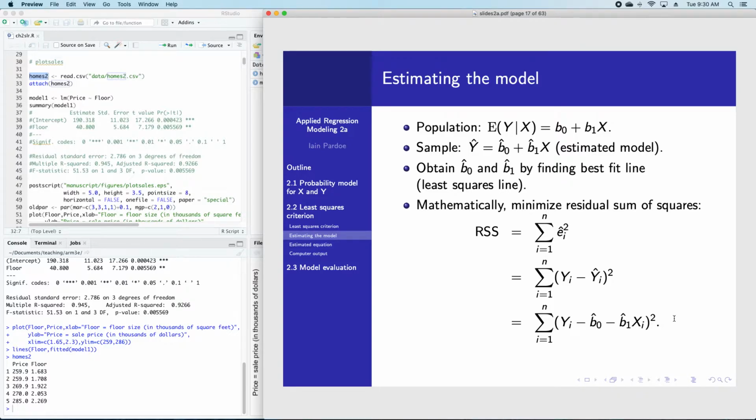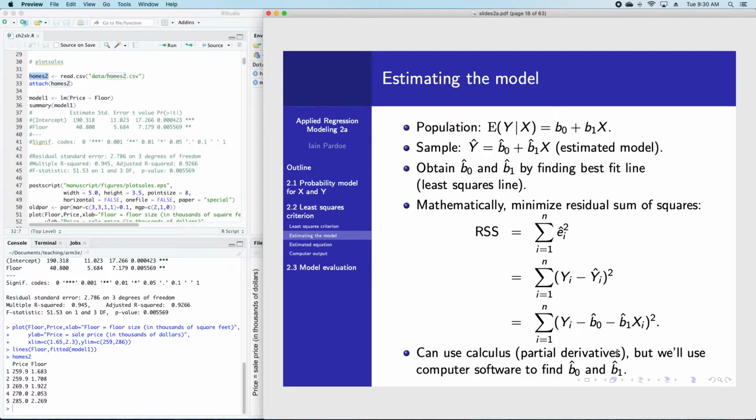So this is now an optimization problem. We've got a function with two unknowns, b0 hat and b1 hat. We can maximize, sorry, not maximize, that's the opposite of what we want to do. We can minimize this function with respect to b0 hat and b1 hat. If you have done calculus, you'll know that we can do that using partial derivatives.